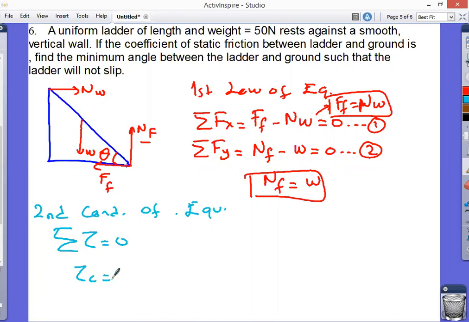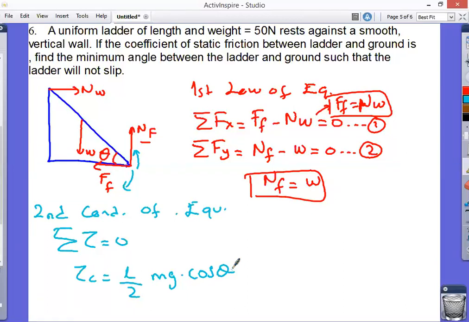What is the clockwise torque? Remember, this direction will be clockwise, and this direction will be anti-clockwise. So L over 2 times mg times cos theta is going to be the clockwise torque.